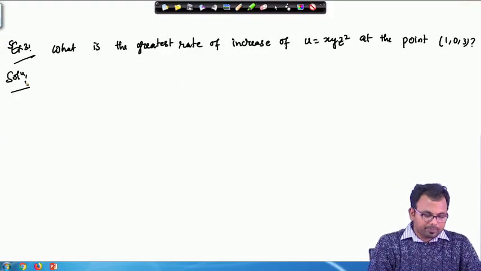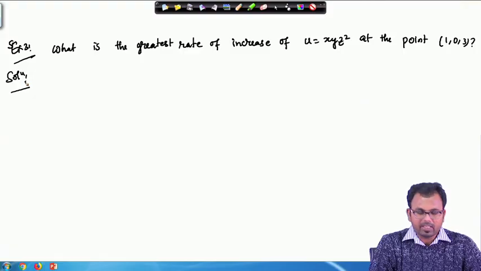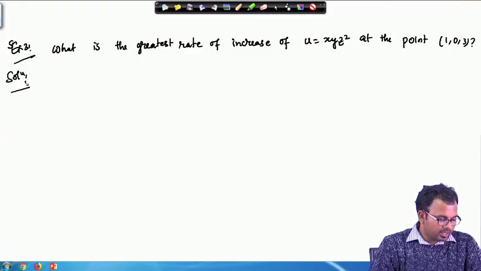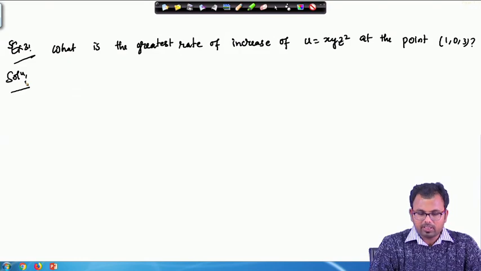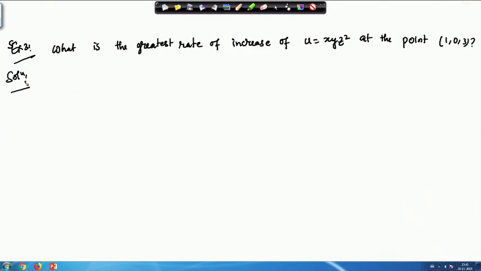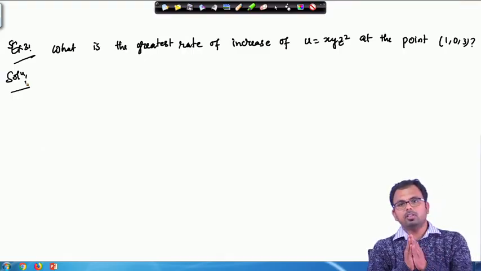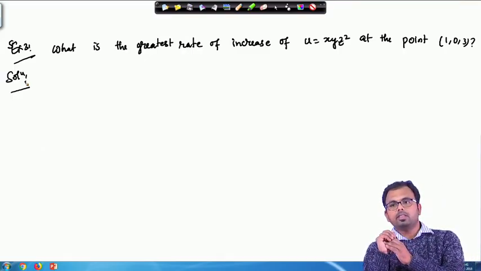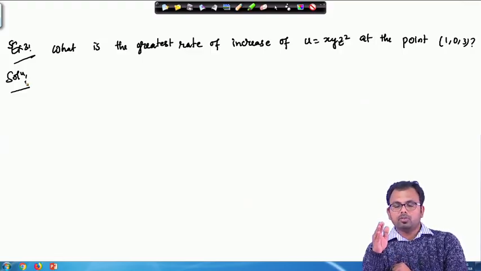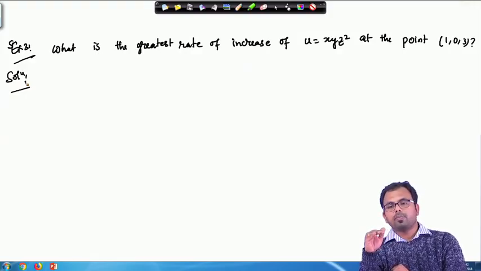The maximum value would be attained if we consider this a cap, which is a unit vector, equal to gradient of f divided by mod of gradient of f. That means it is maximum along the direction of the gradient.